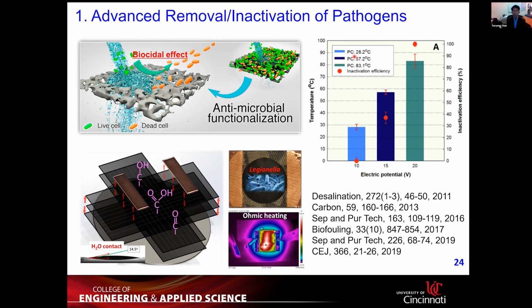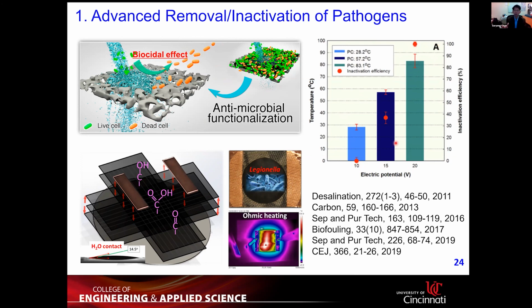We use a polycarbonate membrane as an example. Then we provide electrical potential like 10 volts, 15 volts, and 20 volts, and we increase the surface temperature up to 83 degrees Celsius. We inactivate almost 100% of one model bacterium, Legionella. We achieved almost 100% inactivation. So this is very good.